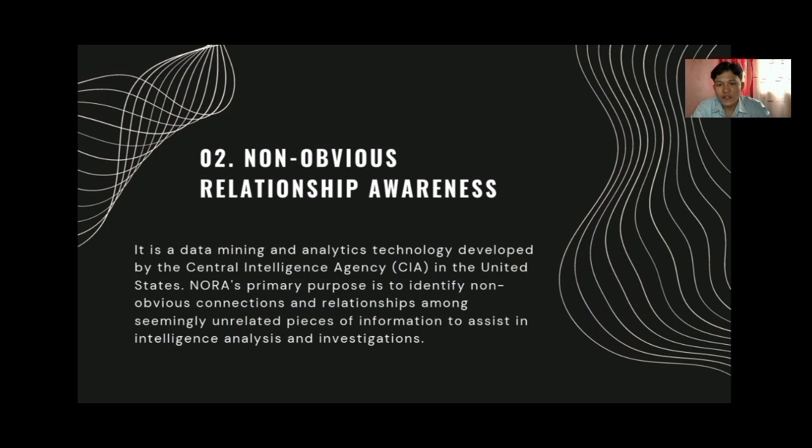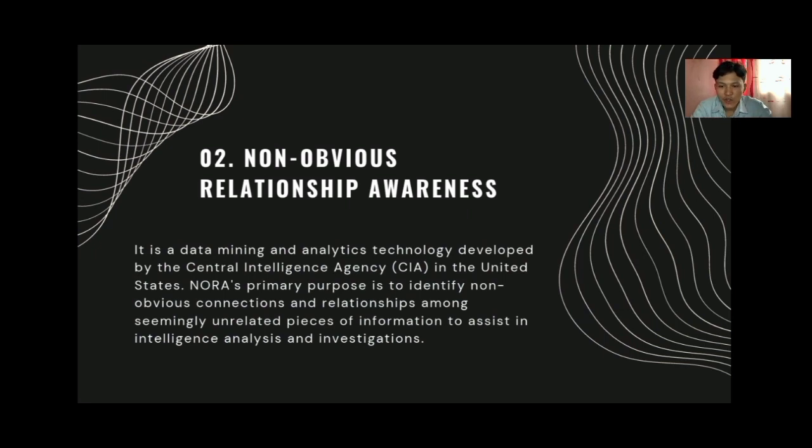Imagine being able to uncover hidden relationships, patterns, and associations that may not be readily apparent to human analysts. That's precisely what NORA does by utilizing advanced algorithms and techniques to analyze vast amounts of data from various sources such as public records, social media, financial transactions, and communication intercepts.